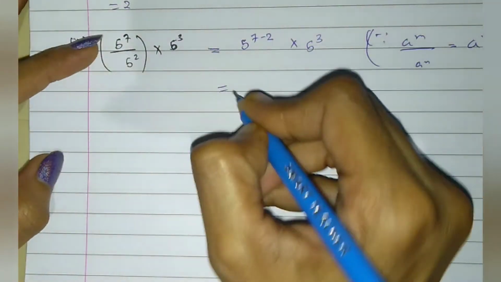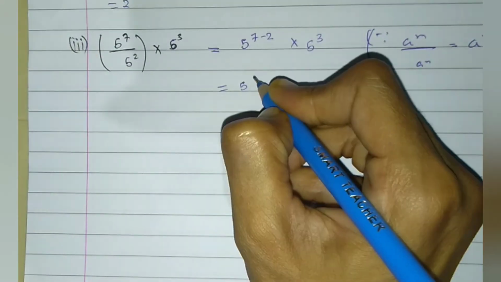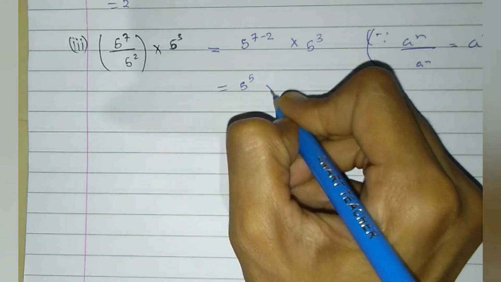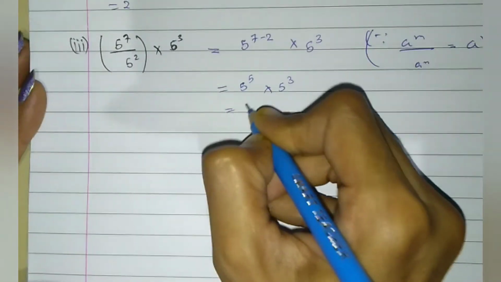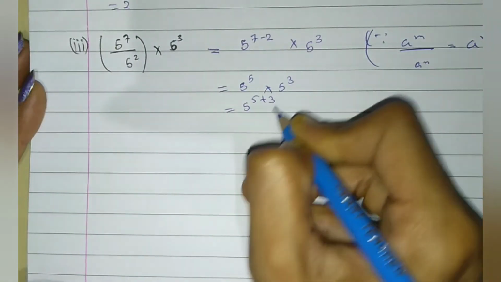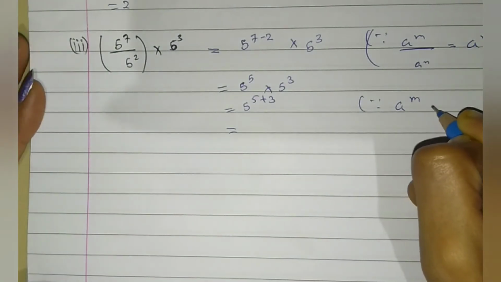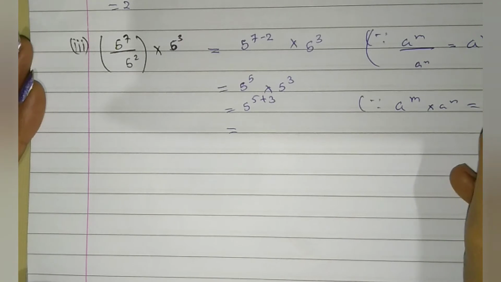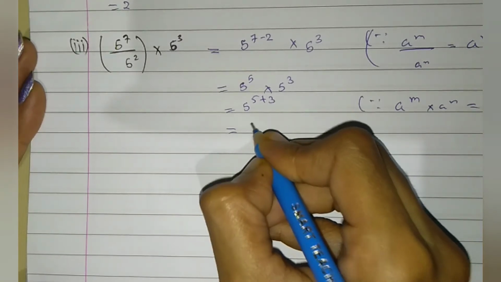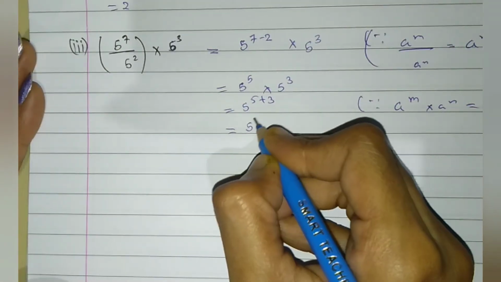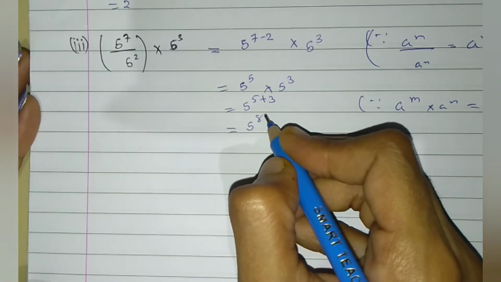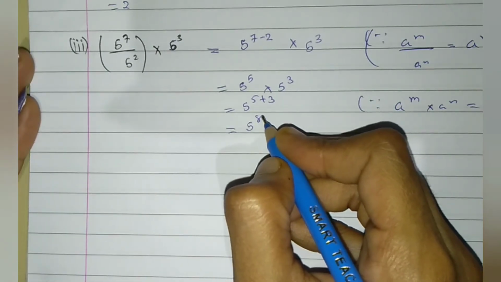So equal to 7 minus 2 is 5, multiplied by 5 raised to 3, which is equal to 5 raised to 5 plus 3. Which law? a raised to m into a raised to n equals a raised to m plus n. So 5 raised to 8 is the answer.